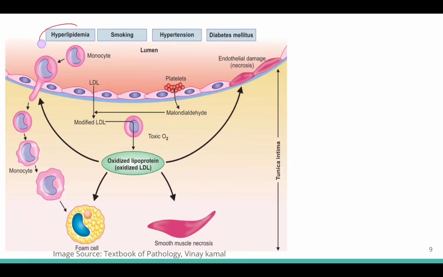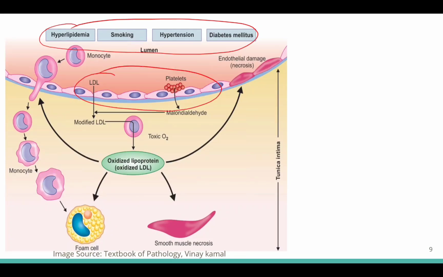So, because of these risk factors, there is dysfunctional endothelium where those monocytes can adhere to the adhesion molecules and migrate to the intimal layer. Similarly, lipid such as LDL can also diffuse through the endothelium into the subintimal layer, where these LDL are changed into modified LDL, and platelets also have a role in that.